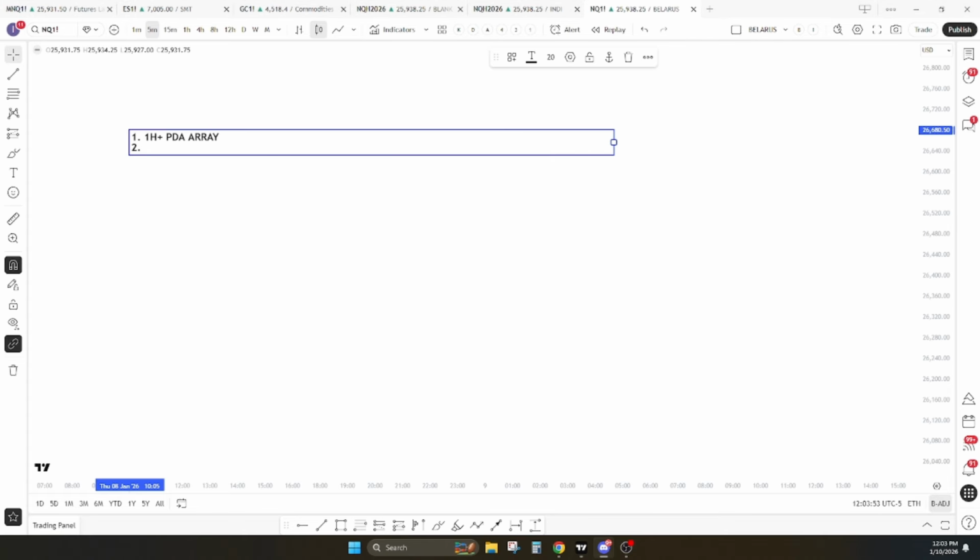And then next, after that PD array is traded into, we're waiting for a 1 hour liquidity sweep. I'll obviously explain how that looks, but when you trade above a high and then you trade below it, that qualifies as a sweep.